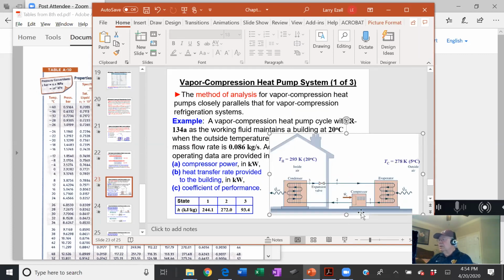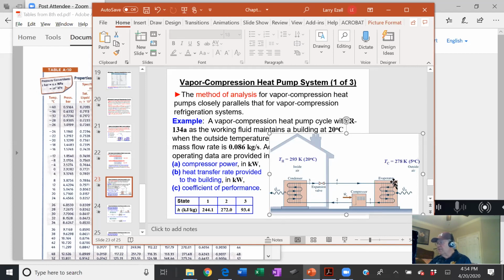Okay, so you have the same four components that you have in an air conditioning refrigeration system: compressor, evaporator, condenser, and expansion valve. Now the flow of refrigerant is clockwise, right? Okay, clockwise.